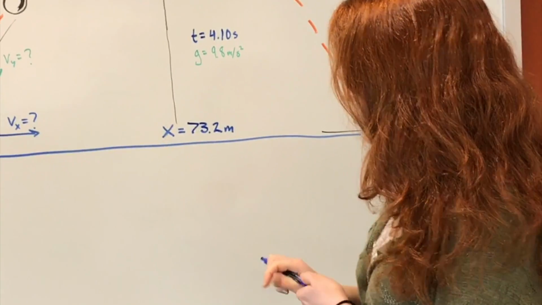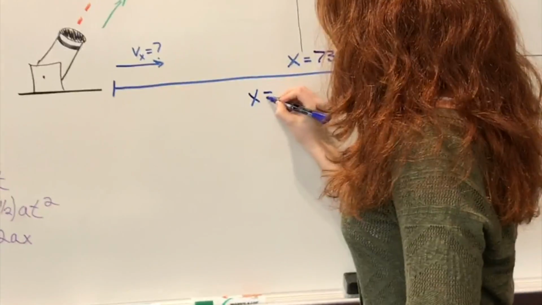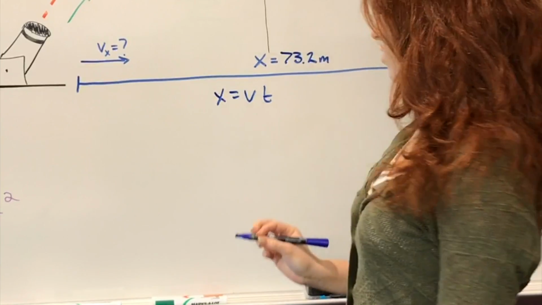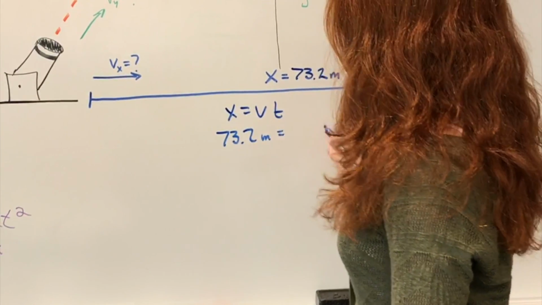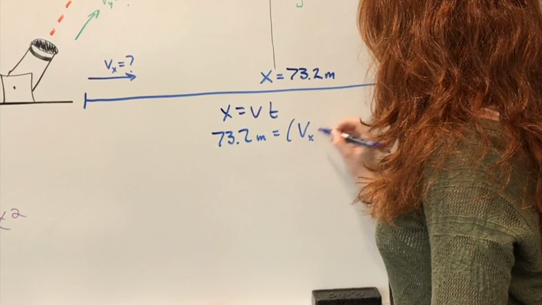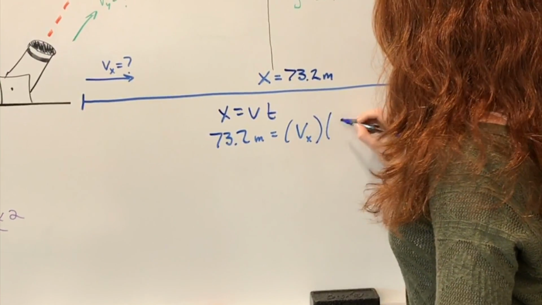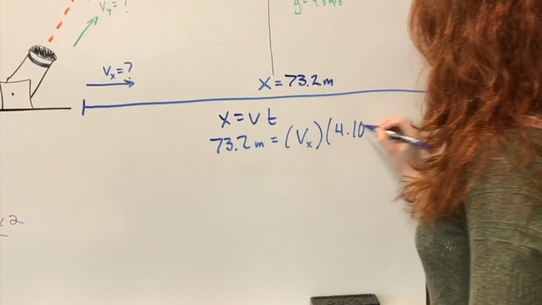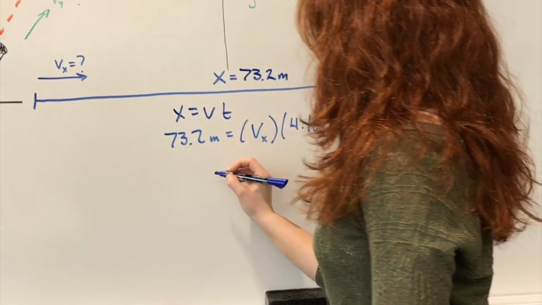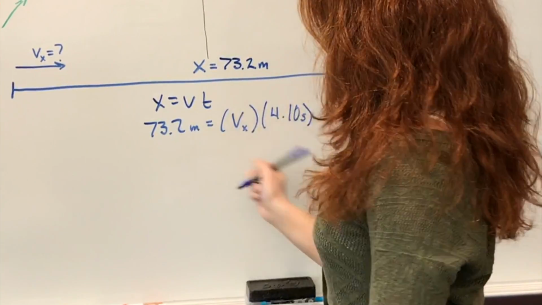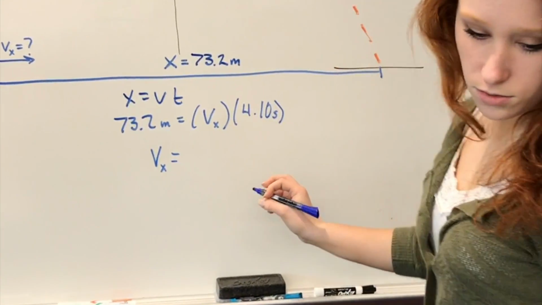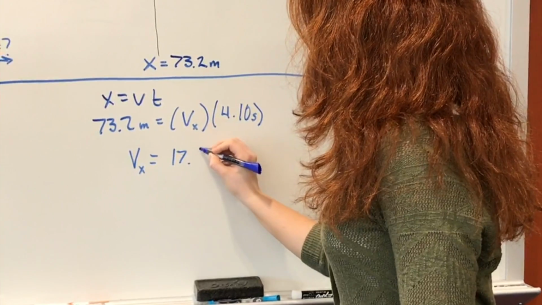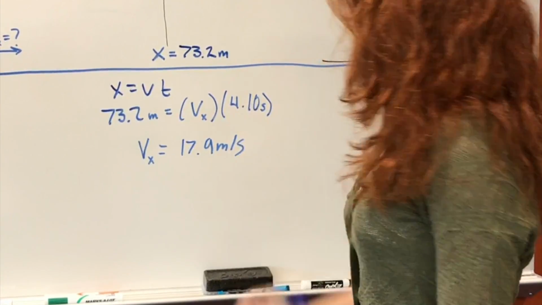For that, we're going to use x equals vt and plug in our values. So we have 73.2 equals our horizontal velocity times time. When we solve this, we find that our velocity equals 17.9 meters per second.